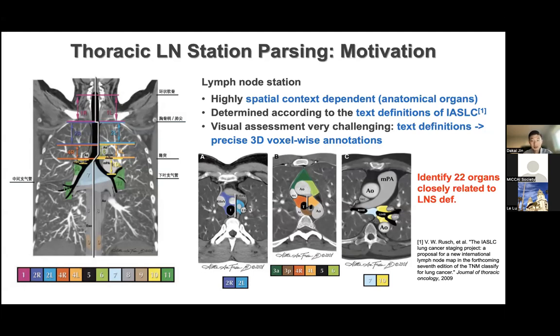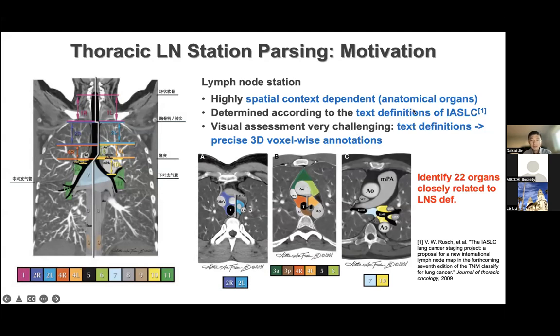The lymph node station has strong domain knowledge, and it is defined by the experts. The lymph node station boundaries are related with lots of anatomic organs. It's highly spatial context dependent. For the chest region, for lung cancer, they use the definition of the IASLC.